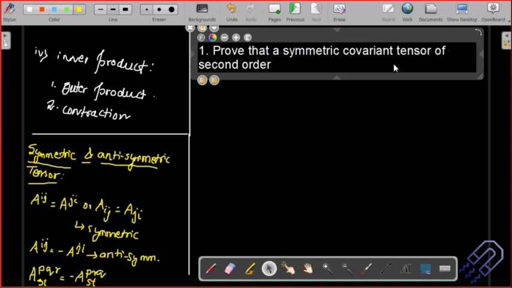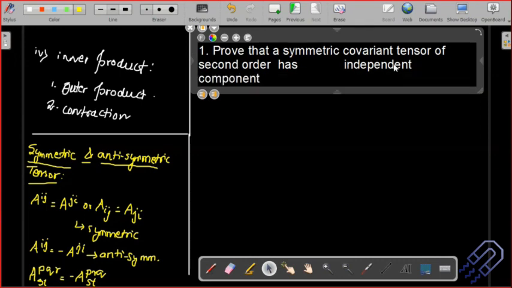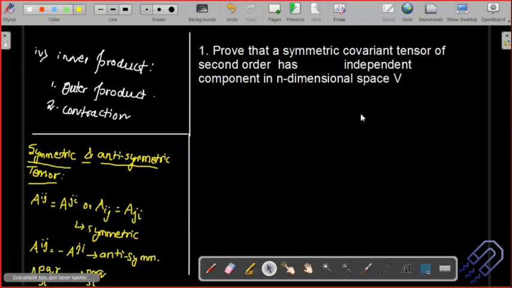Now we are all comfortable with these terms, so it's not difficult. Has, this is something which I have to write, independent components in n dimensional space, let's say V_n.